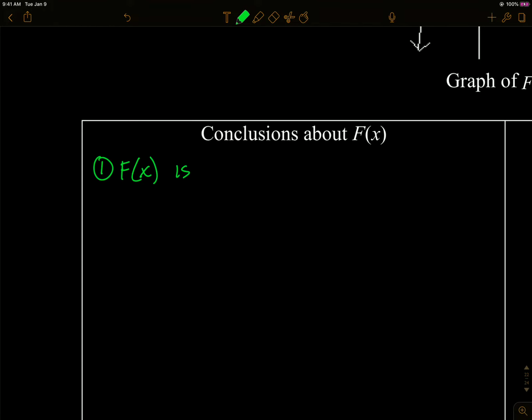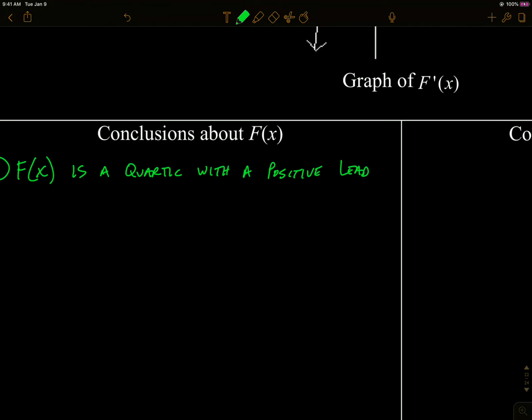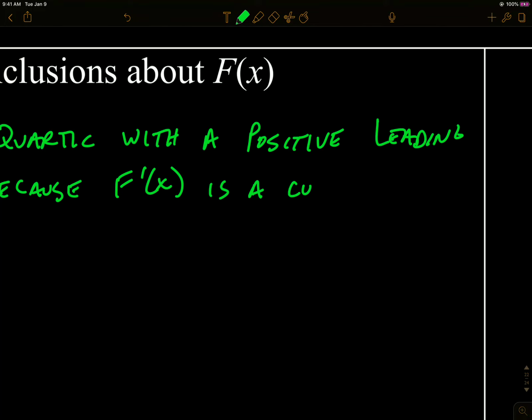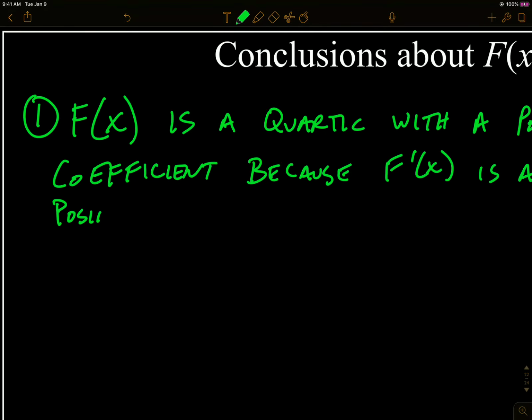So f of x is a quartic with a positive leading coefficient, because f prime is a cubic with a positive leading coefficient.